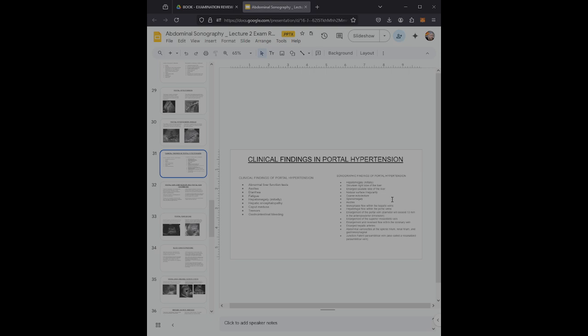Hepatomegaly initially, a shrunken right lobe, an enlarged caudate lobe, nodular surface irregularity, a coarse echo texture, splenomegaly, ascites, monophasic flow in the hepatic veins, hepatofugal flow within the portal veins, enlargement of the portal vein, enlargement of the superior mesenteric vein, enlargement and reversed flow within the coronary vein, enlarged hepatic arteries, abdominal varicosities at the splenic hilum or the renal hilum, and a patent paraumbilical vein.